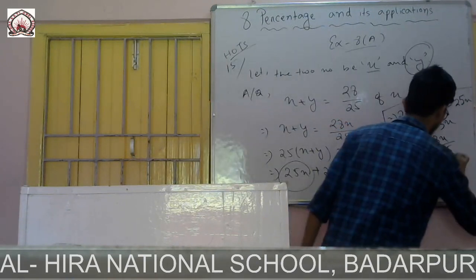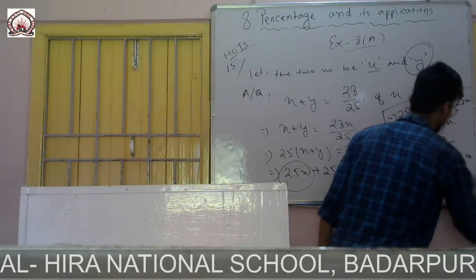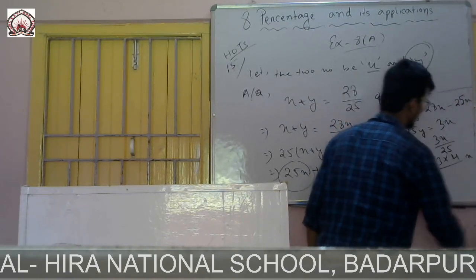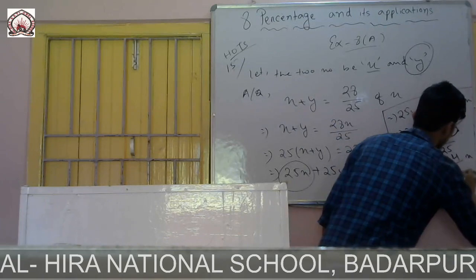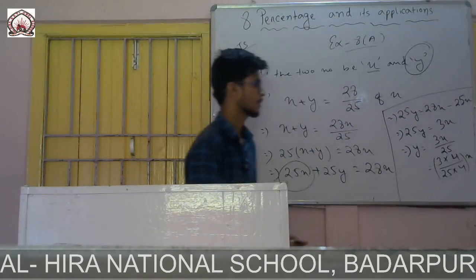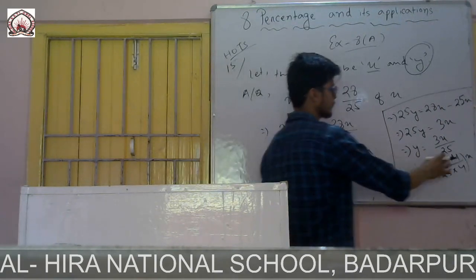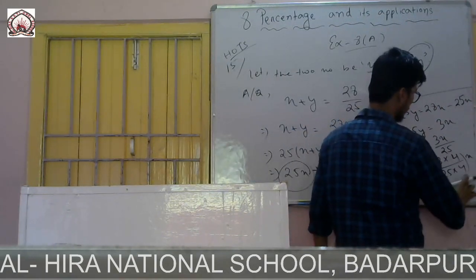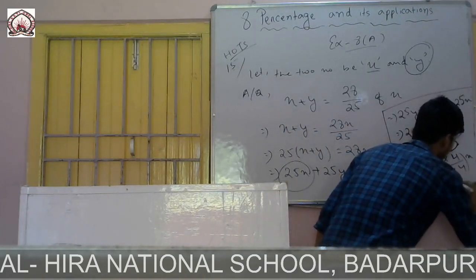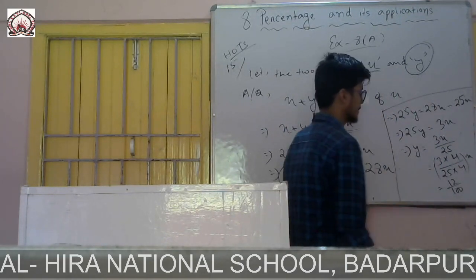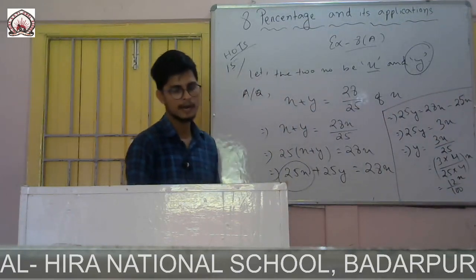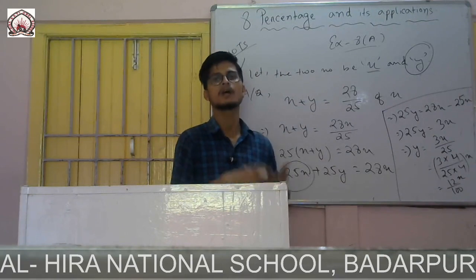So I write 3x by 25, and I have to multiply numerator and denominator both by 4. Keeping x outside for a while, 3 into 4 is 12, and 25 into 4 is 100. So 12x by 100.